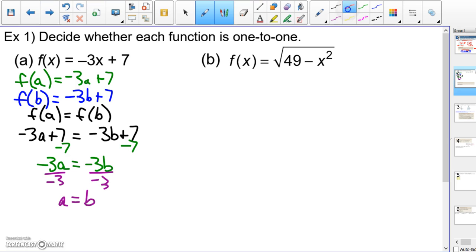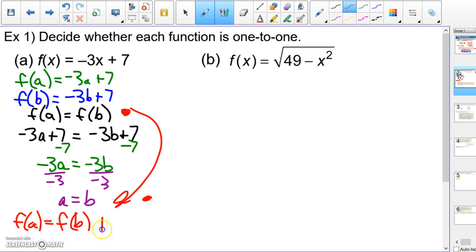So when we had f of A equal to f of B, then we ended up getting down to A equals B right here. And so when we see that, that's how I would know that f of x is one-to-one.